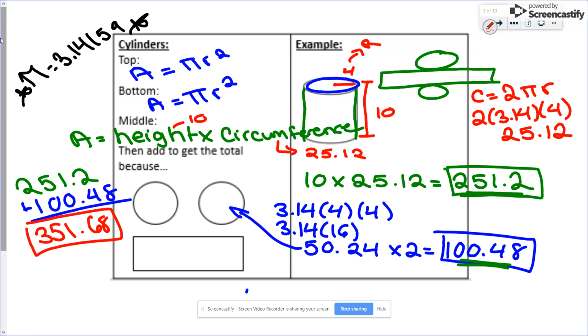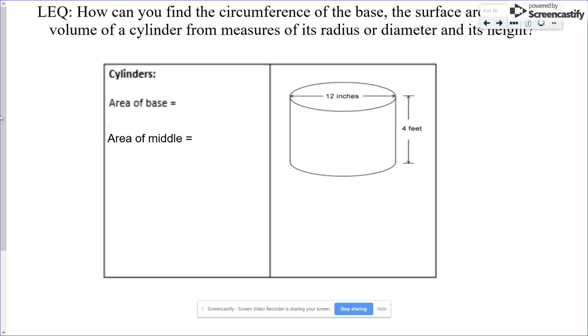So let's try another one. Are we given the circumference or are we given the radius? Take a minute, think about it. We are given the diameter.